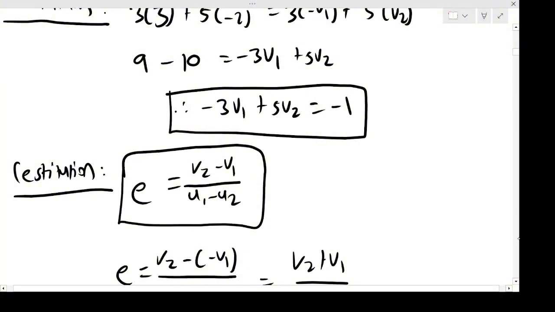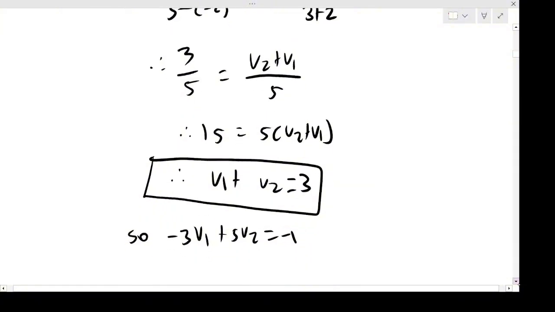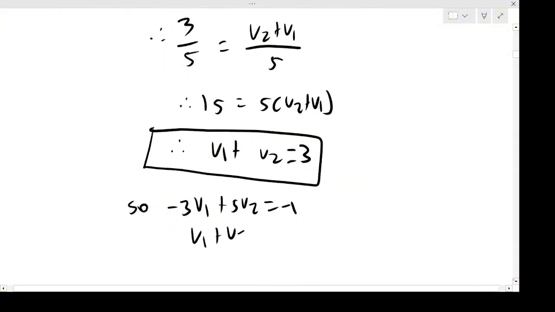If I bring the first one down here, I have minus 3V1 add 5V2 is minus 1. And then I also have V1 and V2 is 3. So I have simultaneous equations here. I need to solve them.